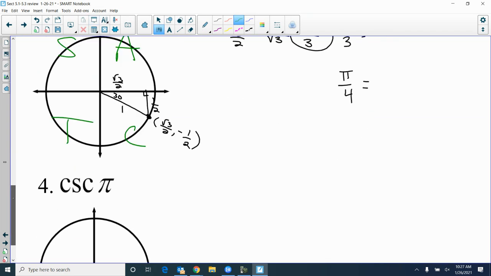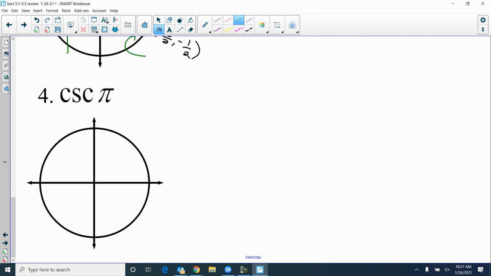And how about cosecant of pi? Cosecant of an angle is 1 over y. So we need to know the y coordinate.